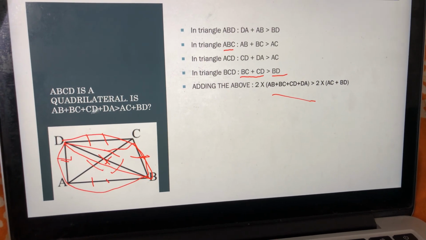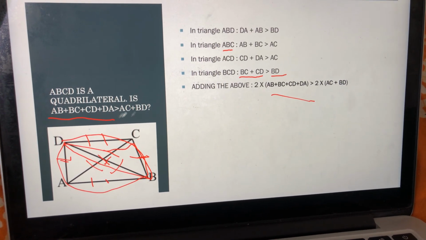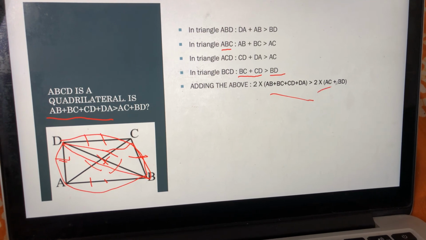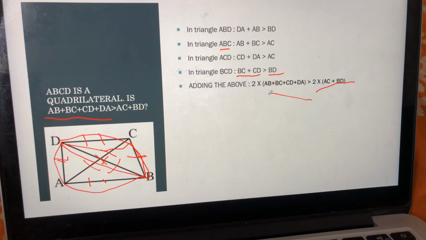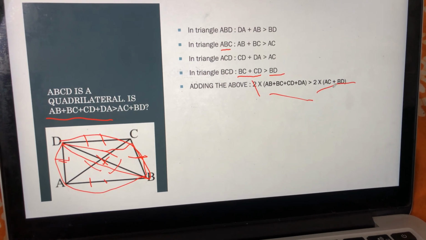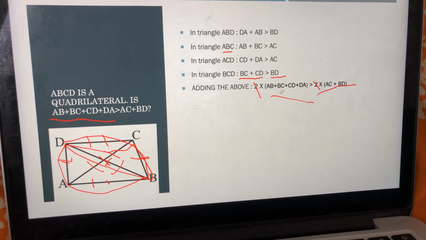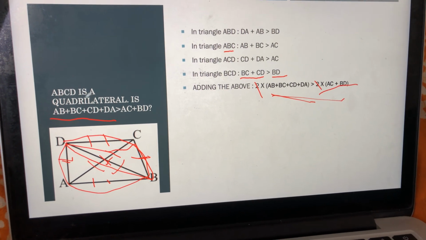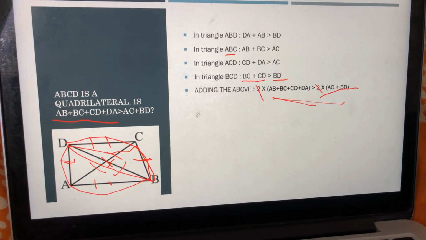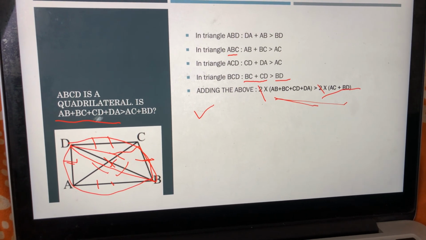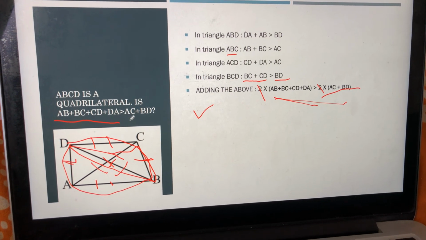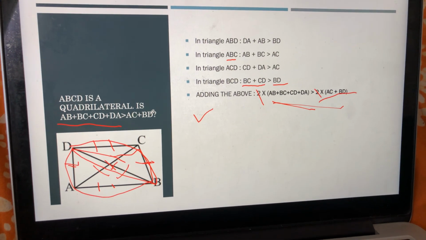Okay, so we have almost arrived at this part. On the right hand side we have AC plus BD, but into 2. So we can cancel the common 2's and we will arrive at what is given. Yes, so whatever is given is true. We have the sum of the sides greater than the sum of the diagonals.